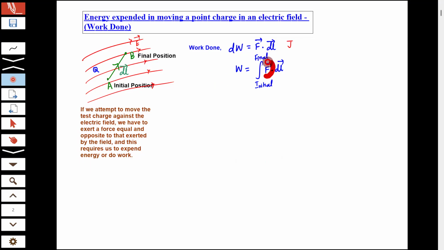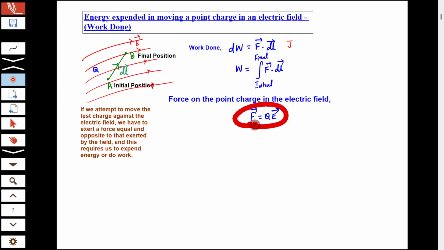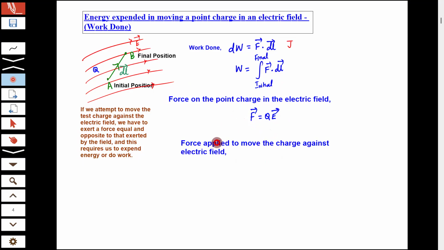So we can now estimate how much force is required to move this charged particle Q from point A to point B. So already this charged particle Q is under the force of the electric field that is given by force which is Q into E. The amount of work done requires an equal and opposite force to this existing force in moving the charge from point A to point B. So the force applied to move the charged particle will be negative of this QE.